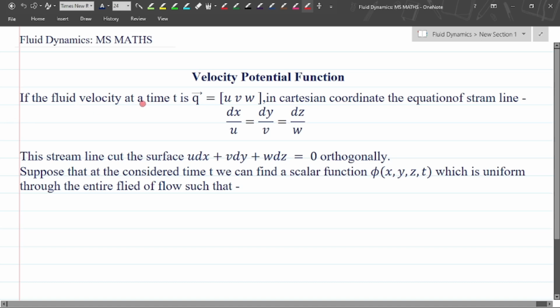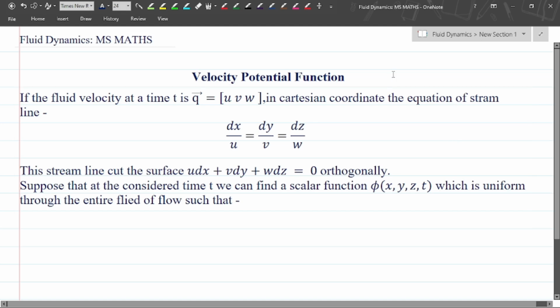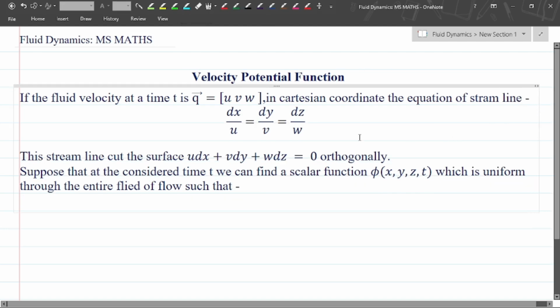If the fluid velocity at a time t is the q vector, with components u, v, and w, this we have already derived within our previous lecture. In Cartesian coordinates, the equation of the streamline, which is nothing but the line tangent to the fluid flow, is dx by u equals dy by v equals dz by w.